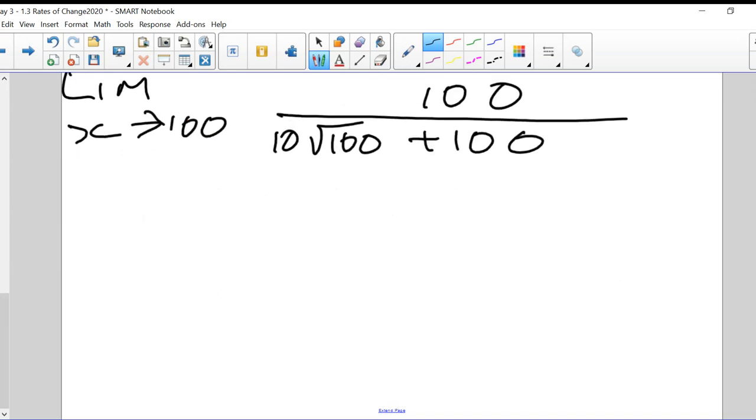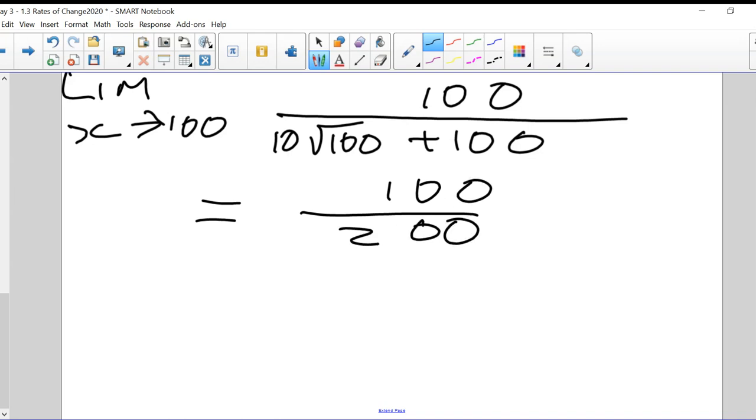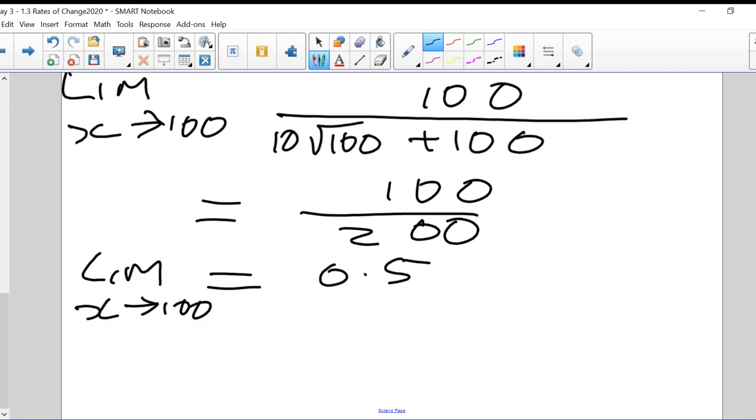Okay, before Alexander, he beat us to the punch. He's always on top of things there. So I'm getting 100 over 200, which of course is simply 0.5. Okay, so the limit as x approaches 100 is 0.5.